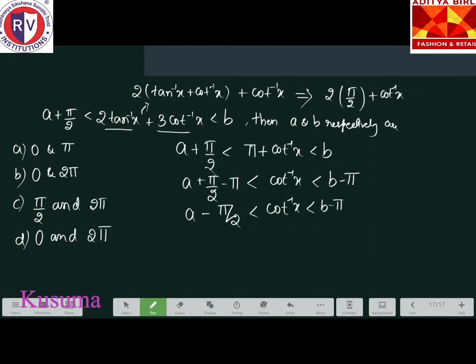Okay. So here cot inverse x is said to be lying between a minus pi by 2 and b minus pi. But we know cot inverse x lies between 0 and pi.